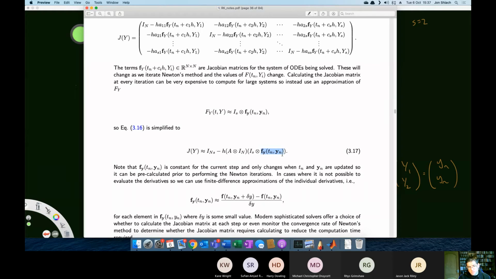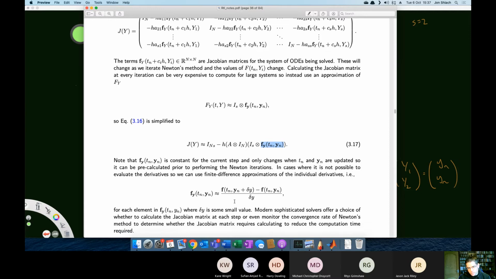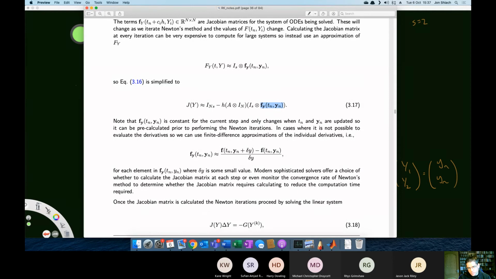Sometimes it's not possible, or it's just too tricky, to calculate that Jacobian if we want to get a solution. So what we tend to do is use a finite difference approximation for each derivative in that Jacobian. Quite often, some sophisticated implicit Runge-Kutta solvers give the option to say, do you know what the Jacobian is, or do you want me to approximate it?